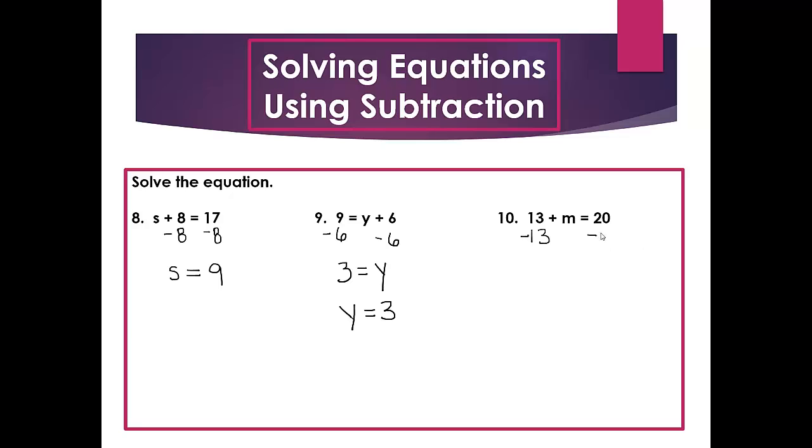So we'll subtract 13 on both sides, and on the left-hand side, since 13 minus 13 equals 0, we just have our m, and 20 minus 13 is 7, so m equals 7. We can take the 7 and put it back in for our m, and we have 13 plus 7 equals 20, and that is correct.